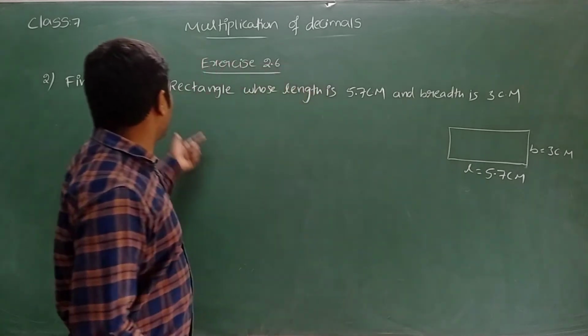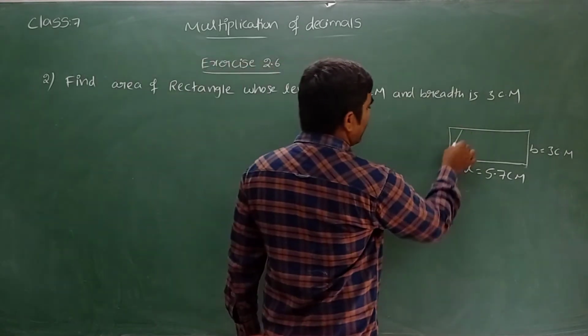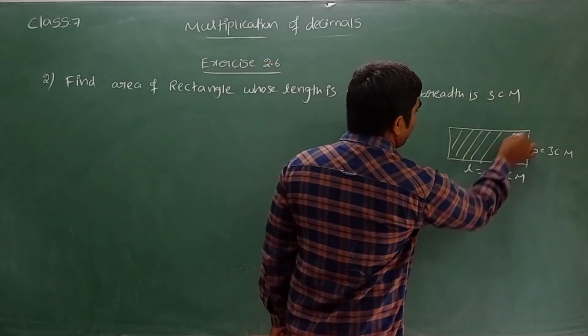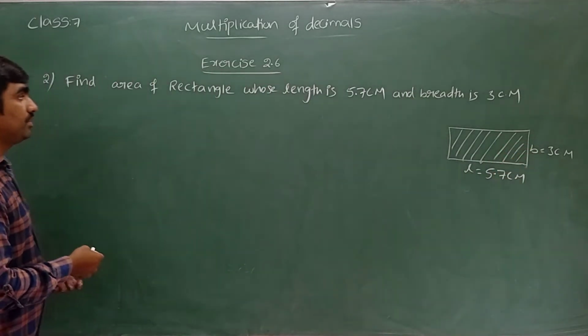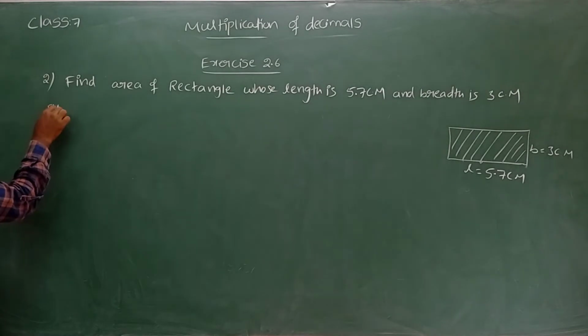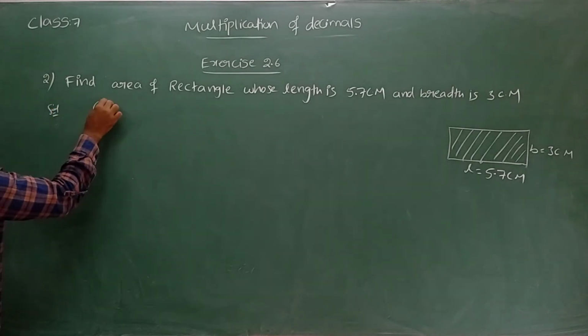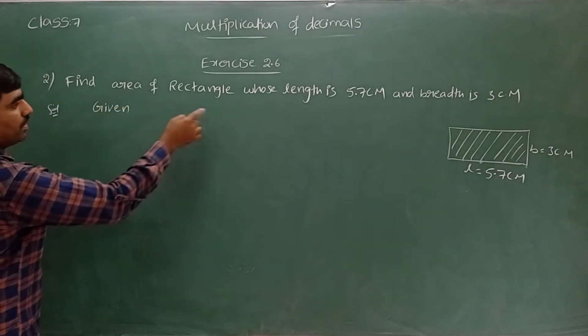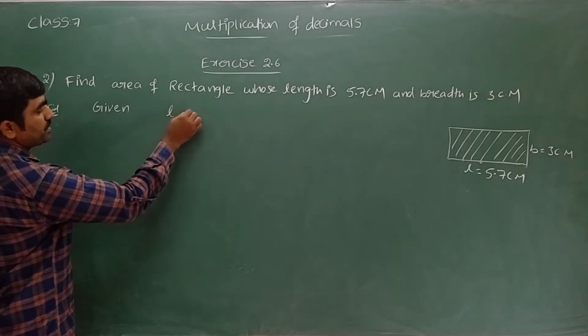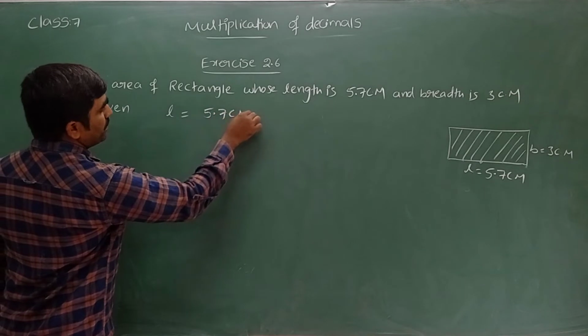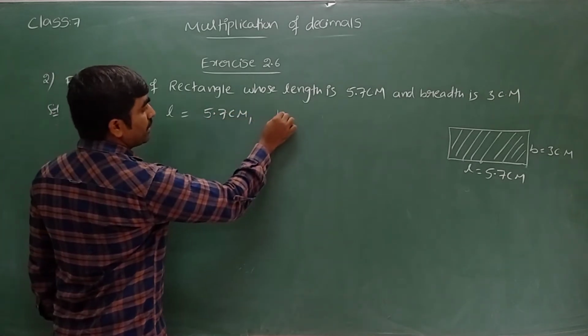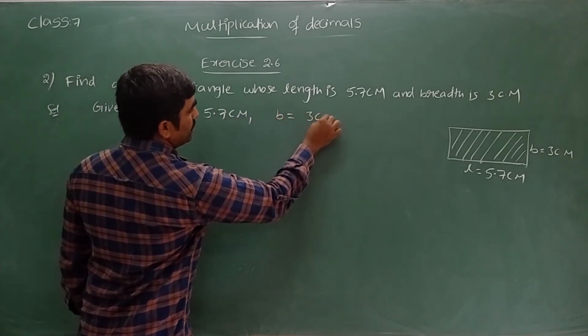So what are they asking to find? Area of the rectangle. Tell me what is the formula we have to find area of a rectangle? Yes, we have length into breadth. First, let me write here the given: length of the rectangle, length will be represented with L, is equal to 5.7 centimeters and breadth of the rectangle is equal to 3 centimeters.